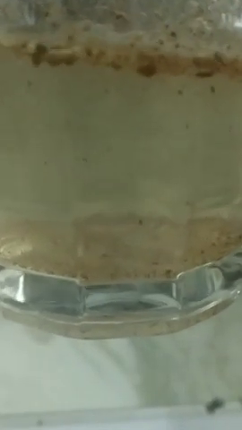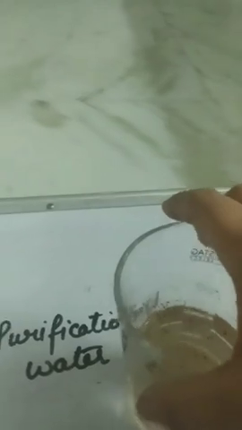You are able to see at the bottom of the glass that impurities are settling down. This method is known as sedimentation. Afterward, we will take another container or glass and then pour the upper clean water into the other glass.